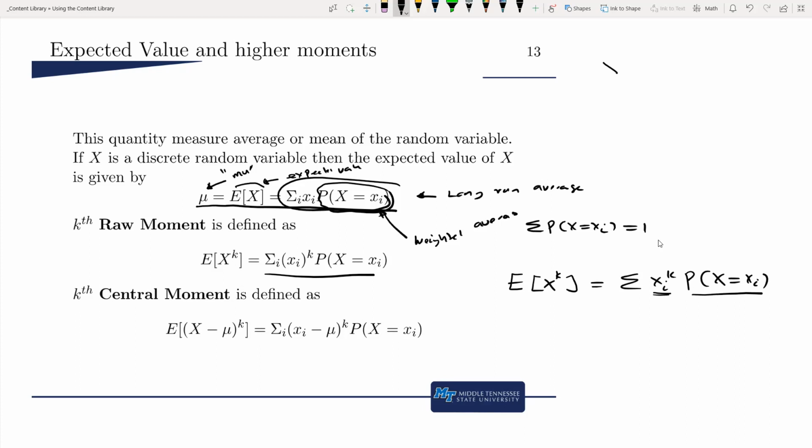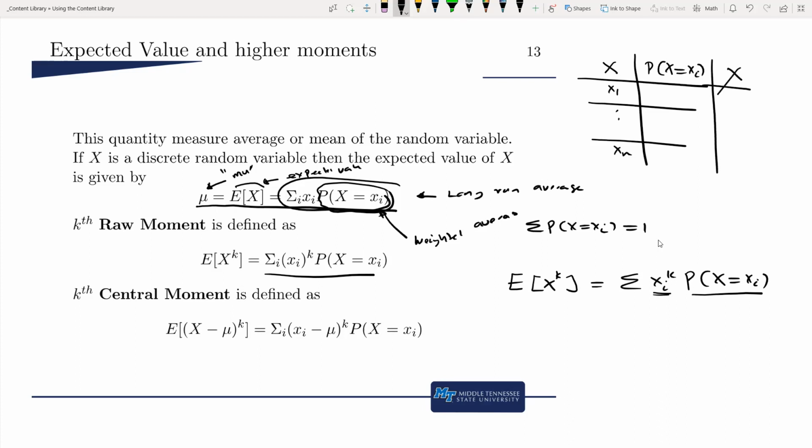For example, you can have a distribution table like this. X can take values x1 all the way up to xn. Then you have the probability that X equals xi. Now, when you come to the kth power of that random variable, yes, these values are going to change.